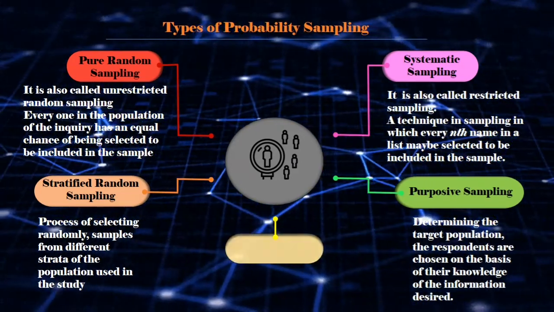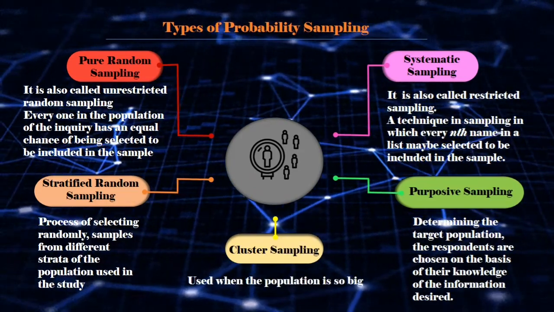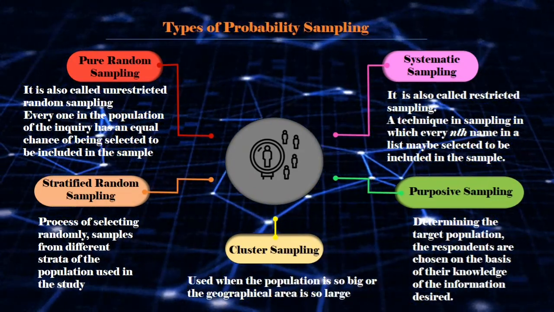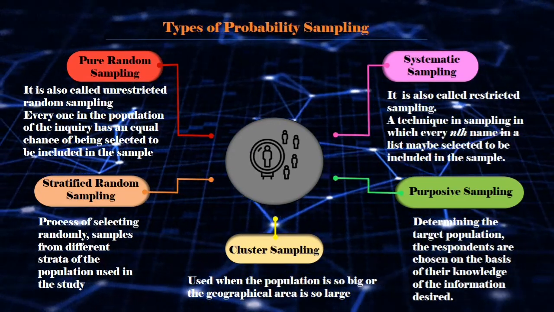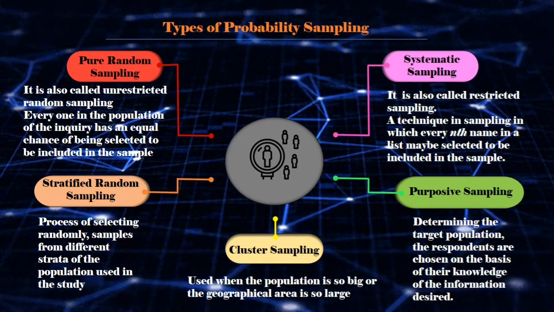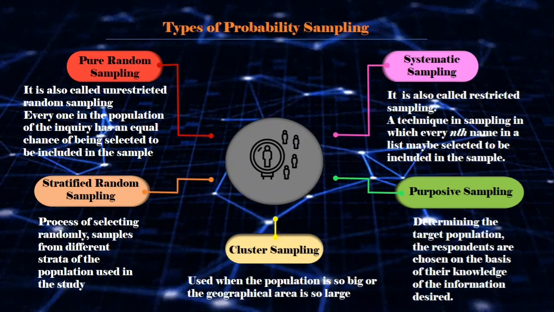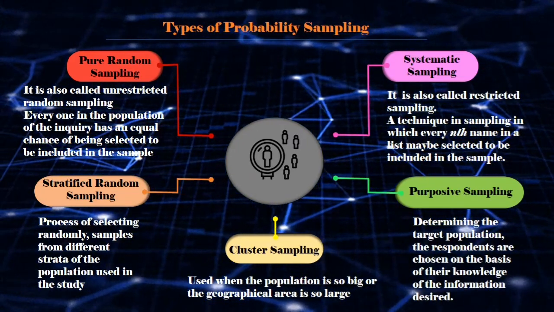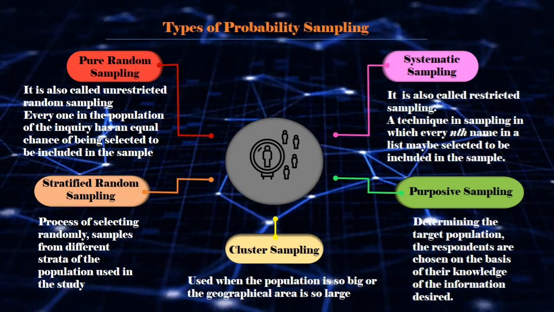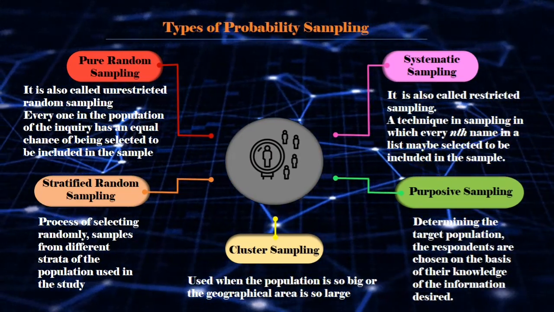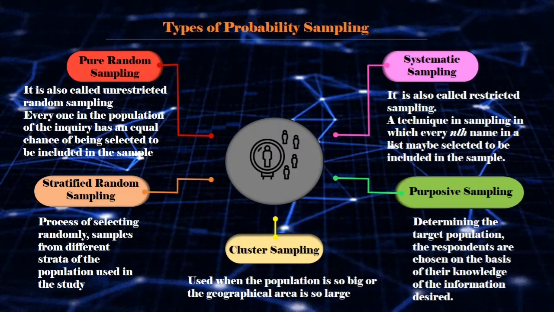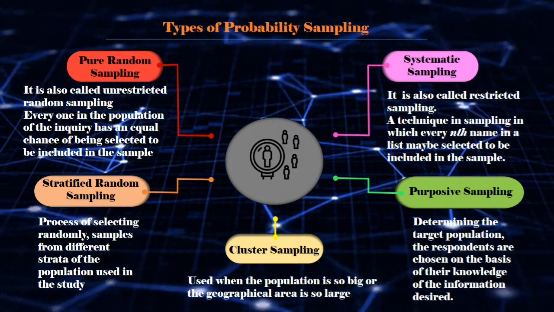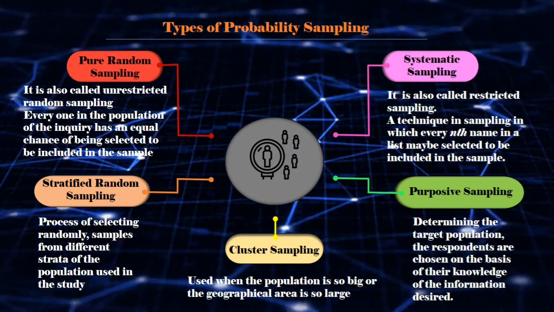And the last one is cluster sampling. This is used when the population is so big or the geographical area is so large. It is also used when mutually homogeneous yet internally heterogeneous groupings are evident in a statistical population.